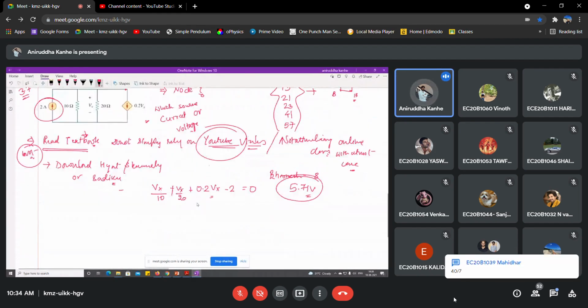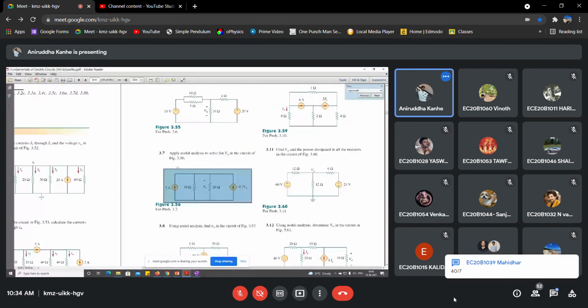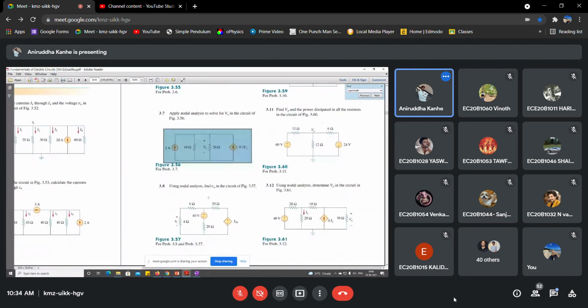Okay, is that fine? So this is how you can solve the questions. This question 3.8 we will deal with when we discuss the supernode.